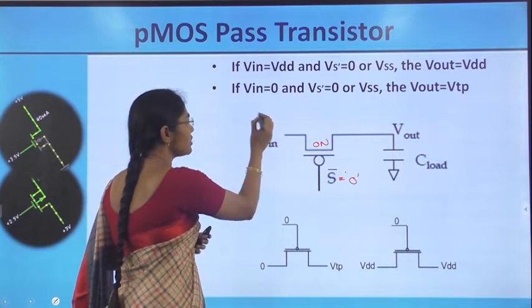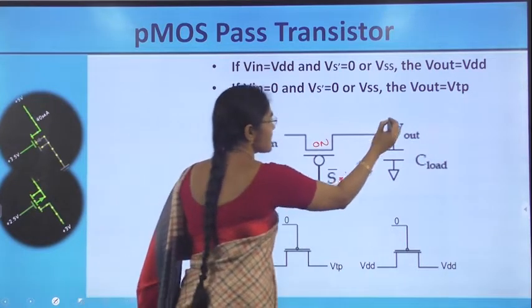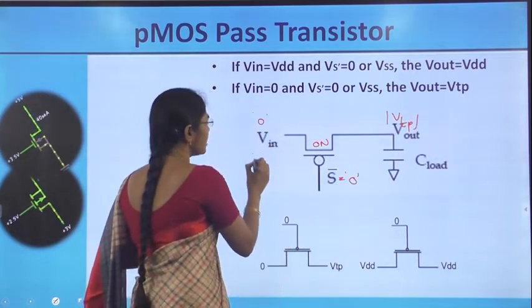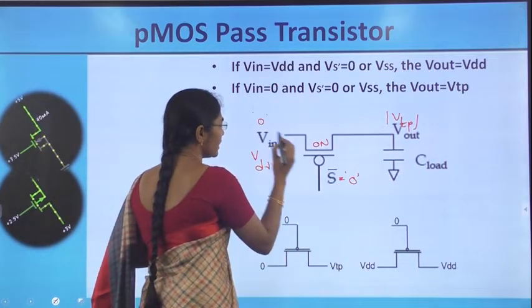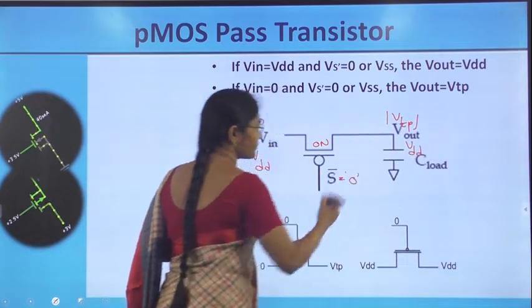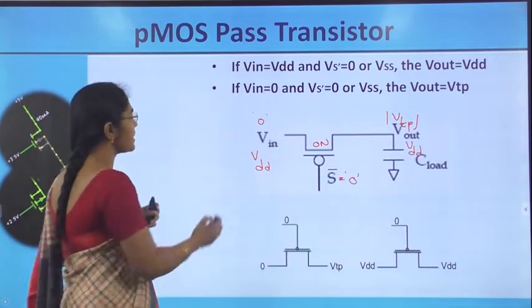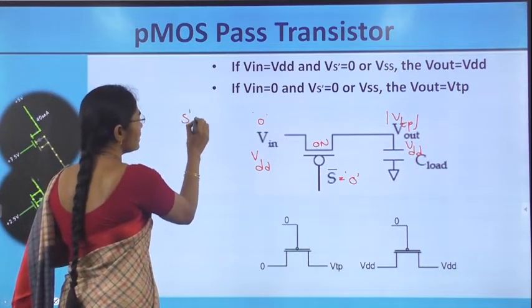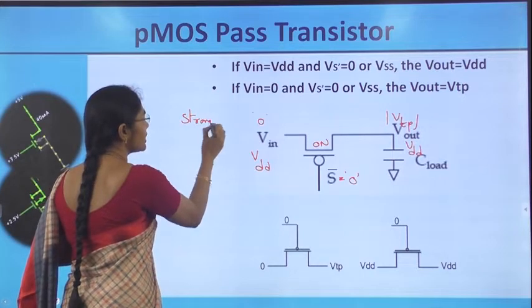So if Vin is equal to 0, it passes as VTP, and when Vin is equal to VDD, it passes as VDD exactly. This means this PMOS pass transistor passes strong 1 and weak 0.